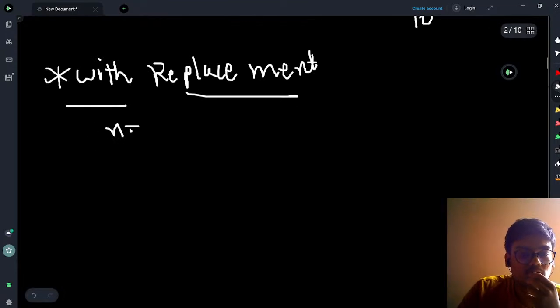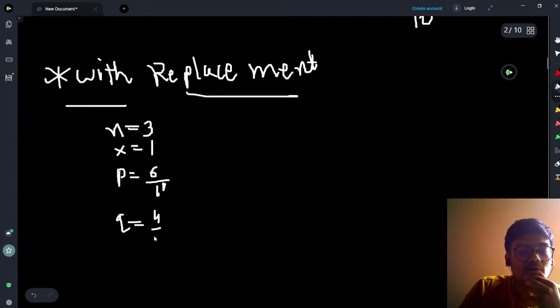So we have n is equal to 3, x is 1, p is 6 by 10, q is 4 by 10. So how are you going to solve this question?